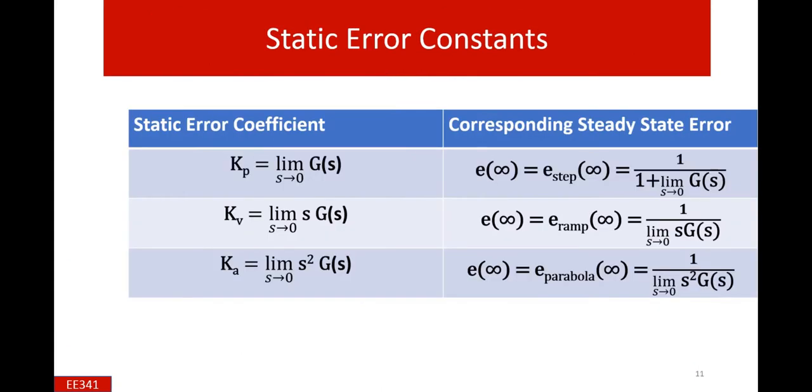Now this table once again makes you more comfortable if you closely observe these terms. First of all, we have to define these constant terms. If we apply the step input for the open loop transfer function, then this term G(s) is the constant, and this constant is the position error constant.